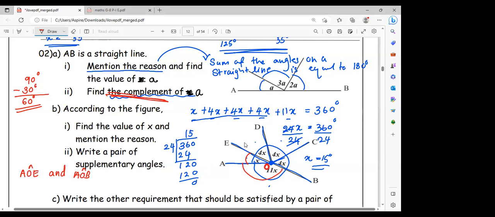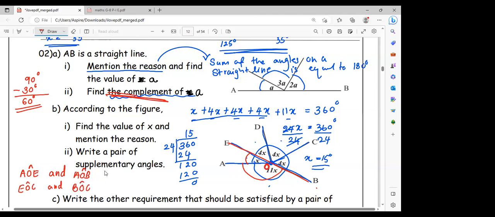When you consider this straight line segment, from the upper side we get EOC and BOC.